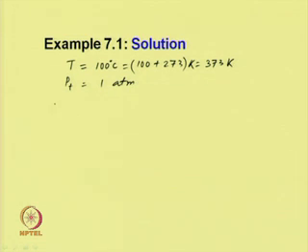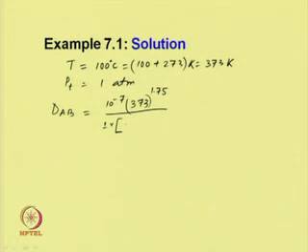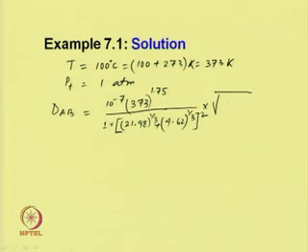So, if we substitute, D_AB would be equal to 10 to the power minus 7, 373 to the power 1.75, divided by 1 pressure into 21.98 to the power 1/3 plus, for hydrogen, 4.62 to the power 1/3, whole square, into root over 1 by 28 plus 1 by 2, meter square per second.